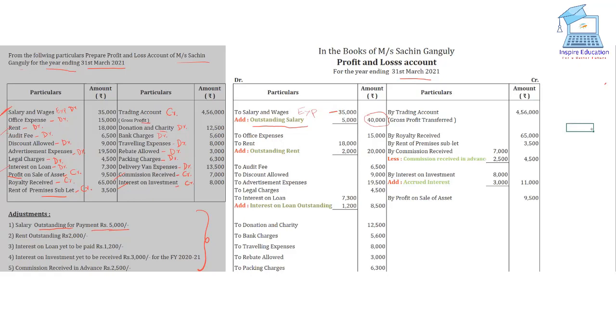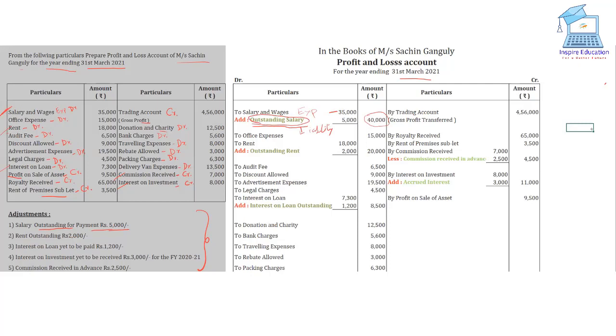So naturally it is your liability. So on one side, you will be charging the amount as expenses in your profit and loss account, since it is the expense of this financial year. And you will also show this amount, only the outstanding salary part, in the balance sheet as liability.